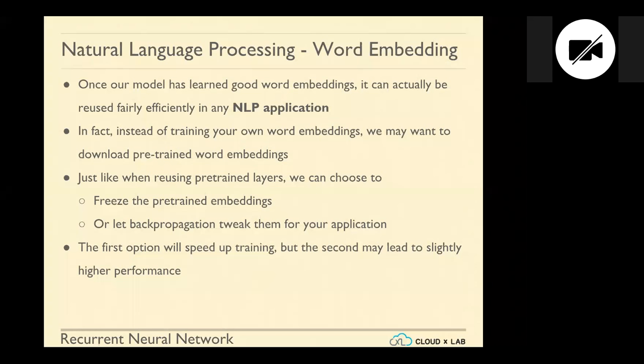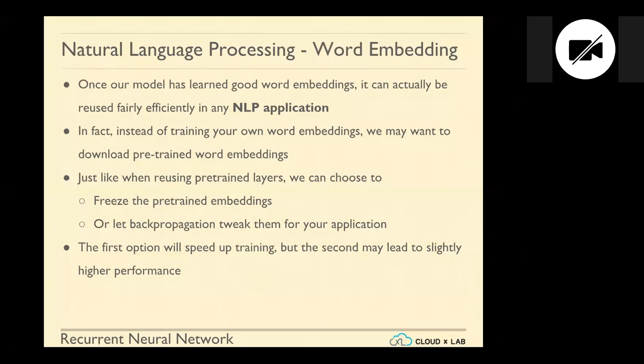Just like when we did the pre-training, we could download any of the models from the internet and start from there instead of starting from scratch, and we could freeze some of the layers and let the backpropagation tweak the rest for your application.